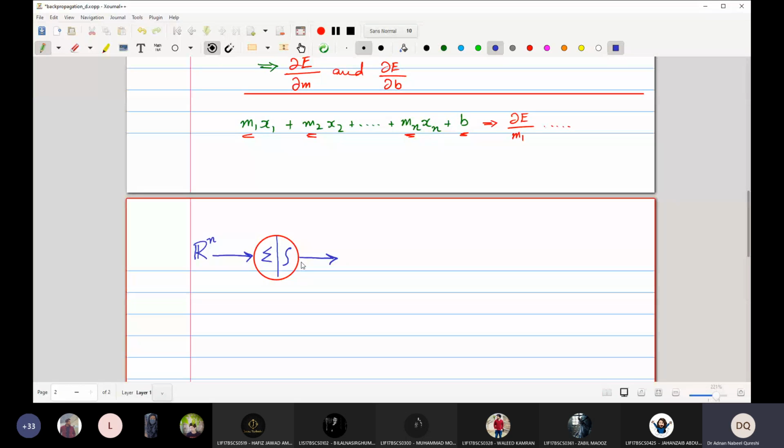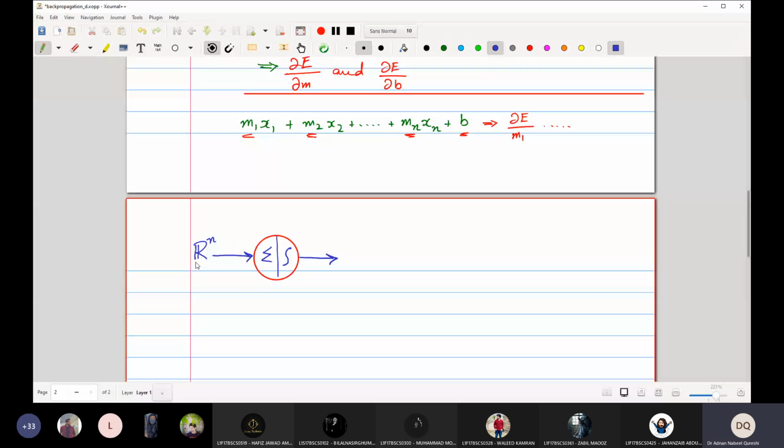Last time we saw that if you have more neurons in the next layer, the dimension will increase. If you have fewer neurons in the next, the dimension will decrease. So a neural network can be used for dimensionality reduction or increasing the dimensionality.